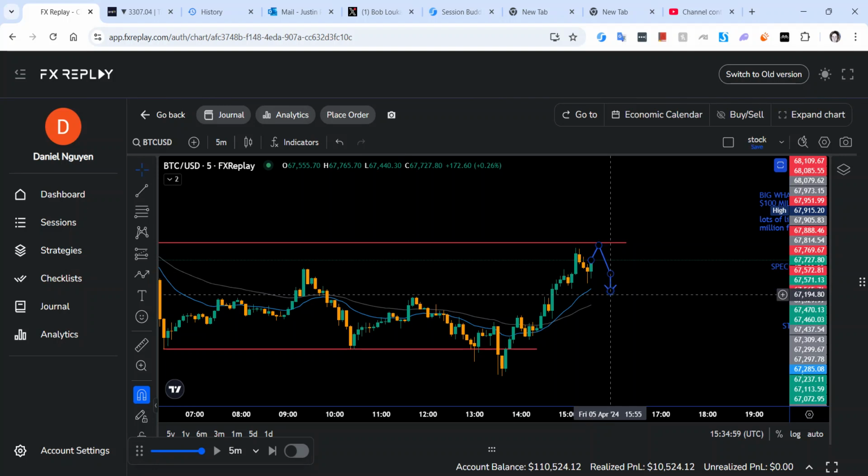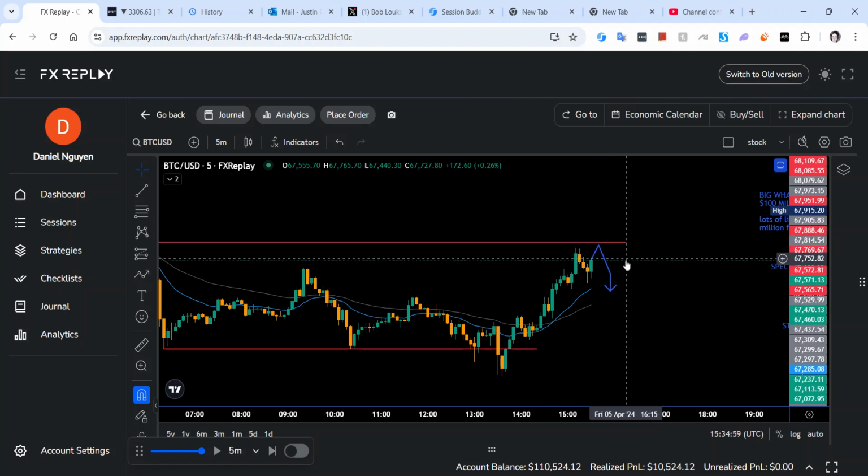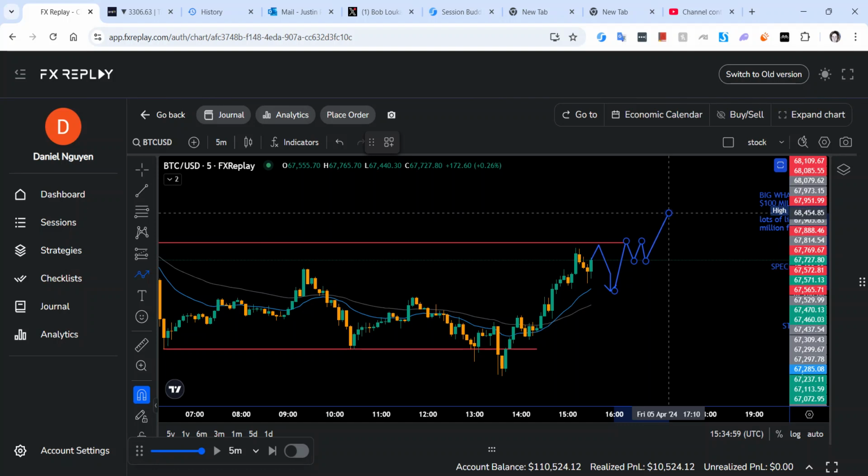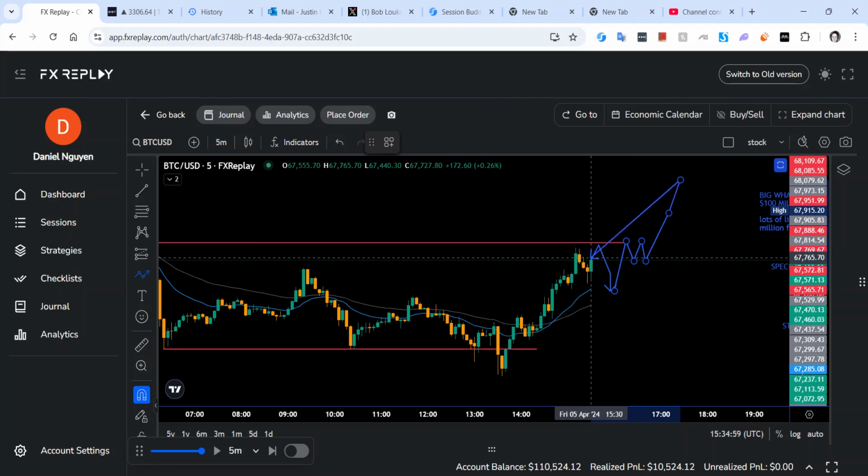That is building more liquidity because now there are again more stops just above here. So when it does finally push through, there are even more people waiting. So if price does this, it is building liquidity. And then when it finally pushes through, it'll probably be even stronger because it had so many more orders to take.